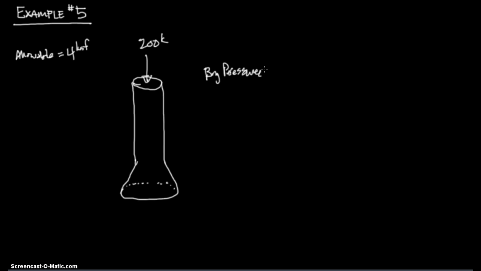So bearing pressure equals P over A, where P is your axial load coming down, and A is going to be the area. Let me change colors. This area right here.